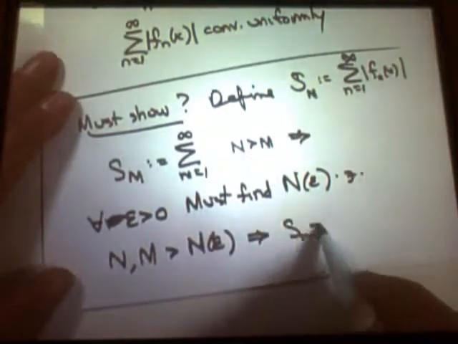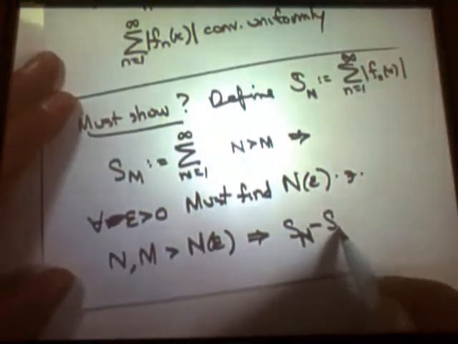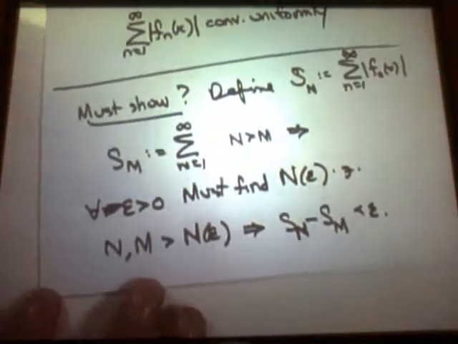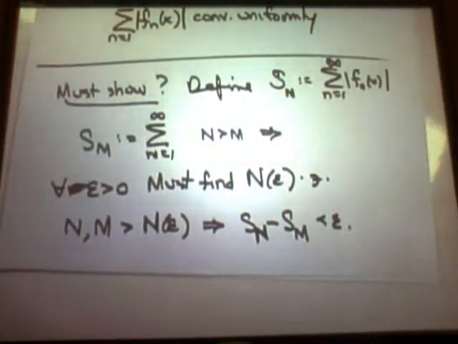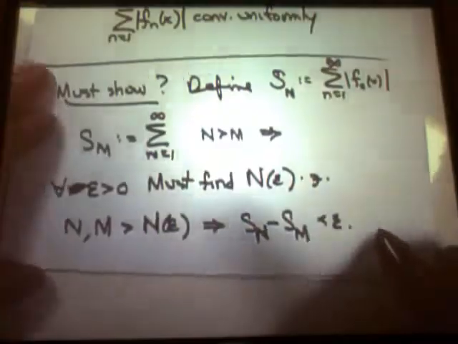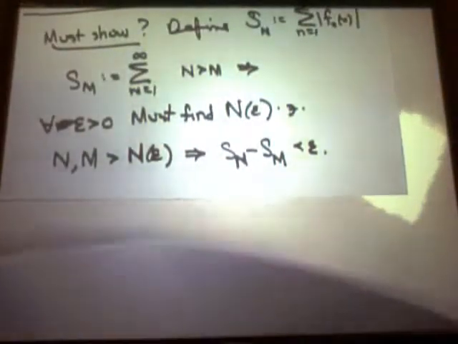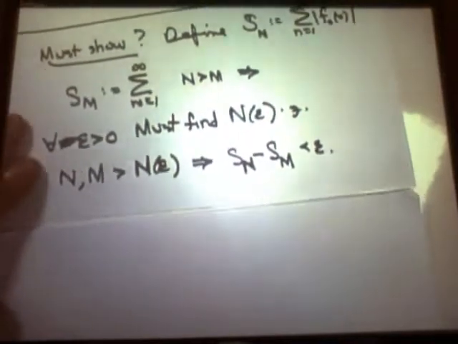So S_N minus S_M less than epsilon. Will that do it for us? All right. How can we arrange this to happen? We have a big resource here. We haven't even used these.